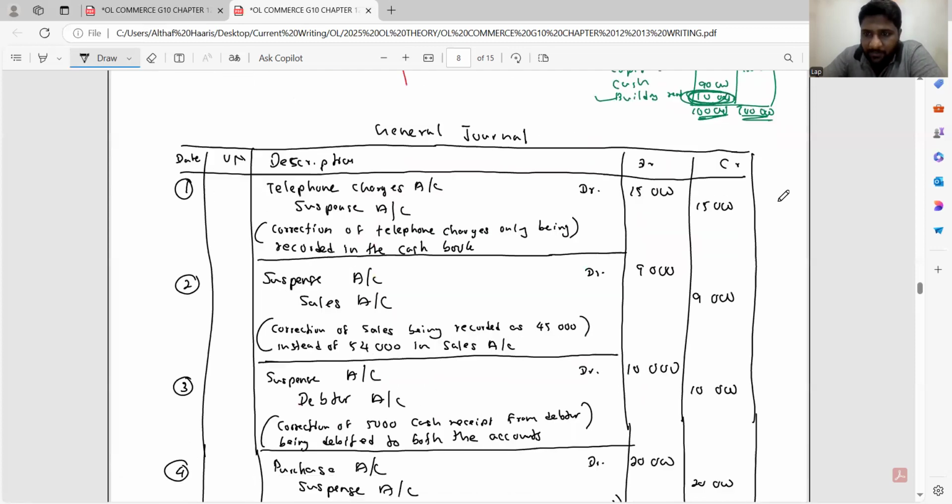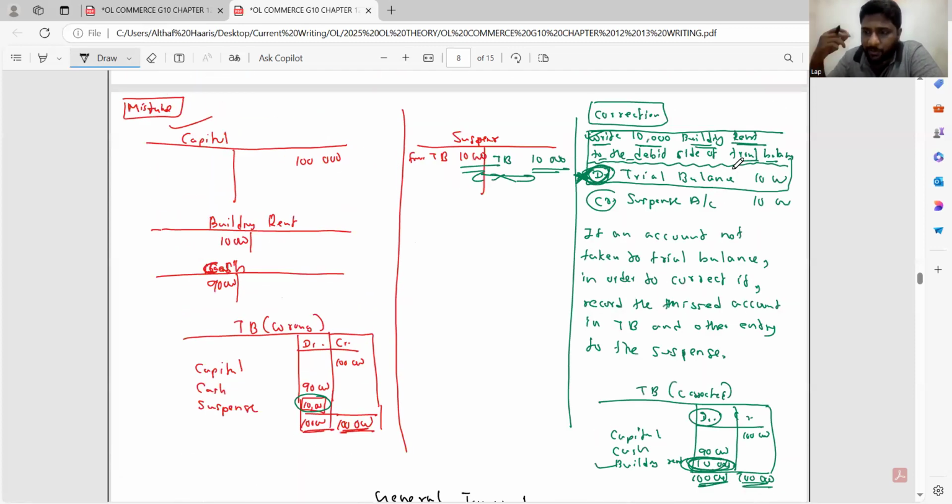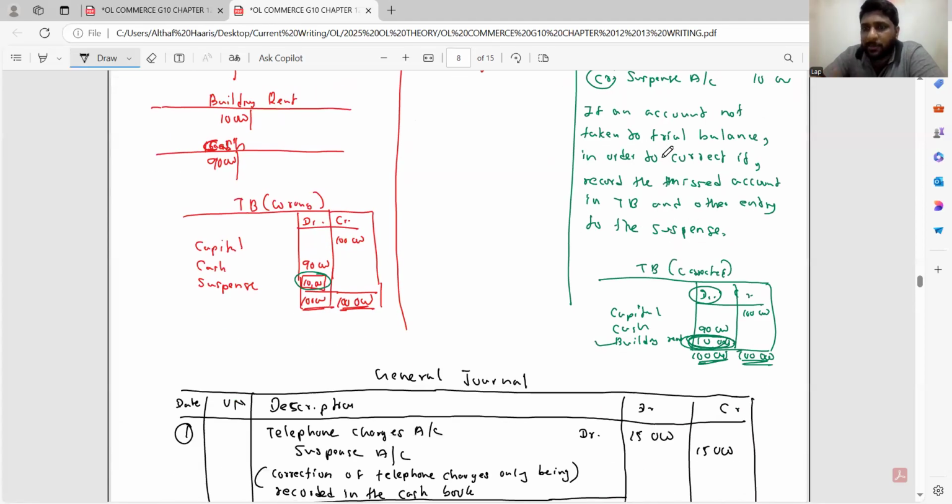I just gave it for you for the learning purpose, for you to show there is a two impact. But we are not writing debit the trial balance. We have to just write the 10,000 building rent to the debit side of the trial balance. That's it. It's not a double entry.